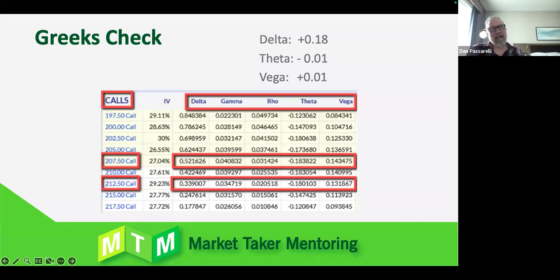This is really more about me hedging off theta and Vega than anything. And just notice I still have a somewhat respectable delta. It's not a huge delta, but it's 18. But my theta and Vega are just nothing.